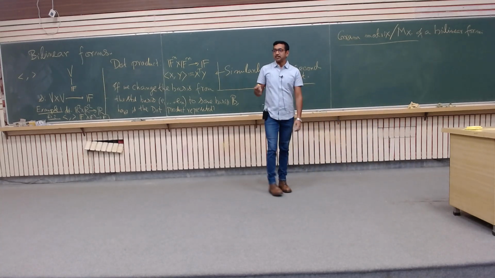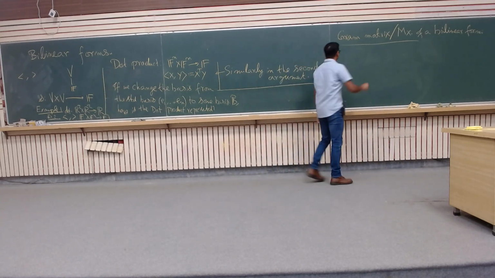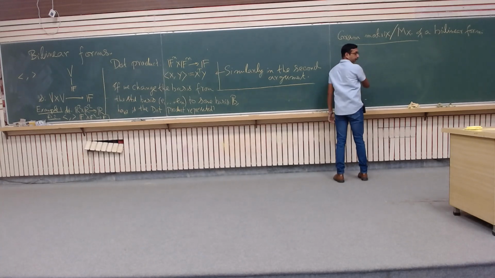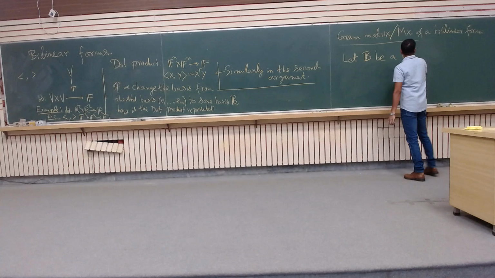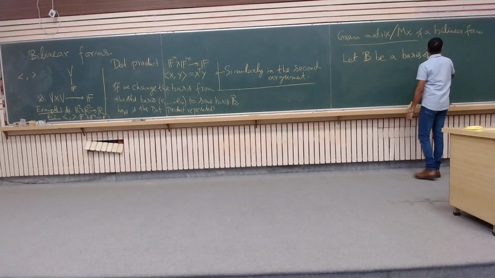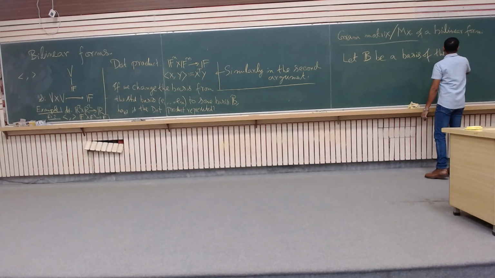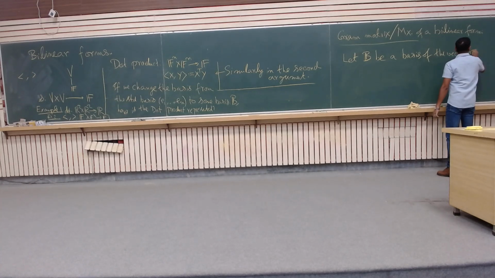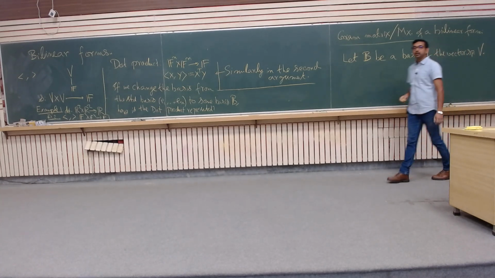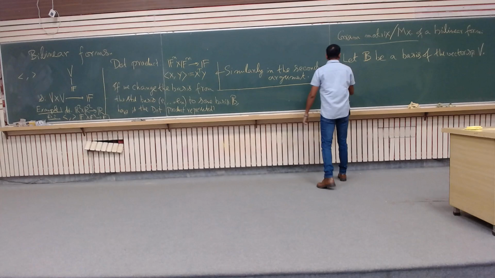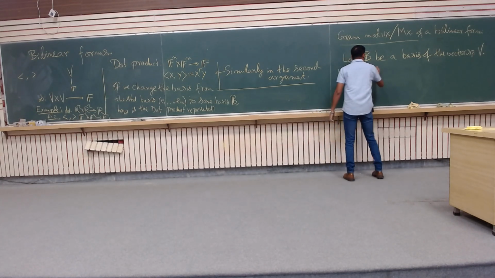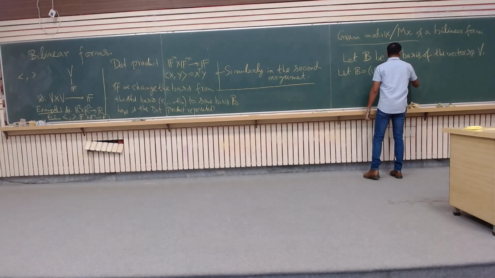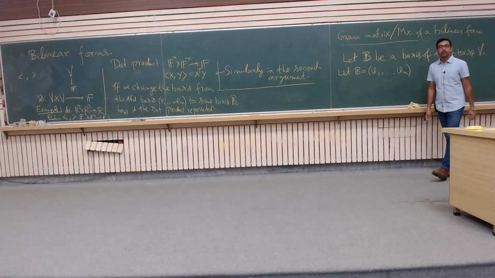Suppose you are given a basis of this vector space V. Let B be a basis of the vector space V, given by v1, v2 to vn.